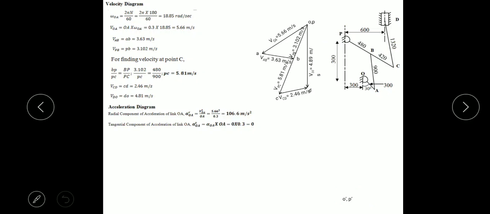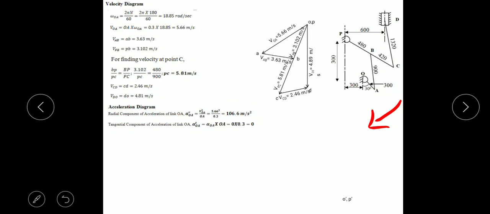That can be found using the relation V square OA divided by OA, and the final value will be 106.6 meter per second square, and the tangential acceleration is not given, or the link is moving with uniform velocity, meaning acceleration is 0.